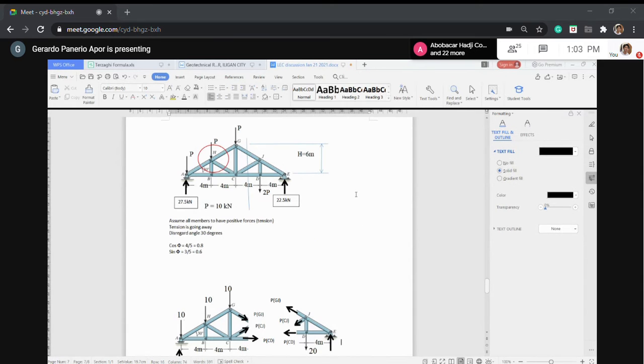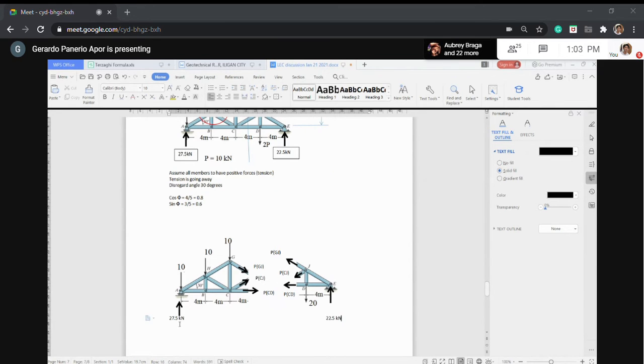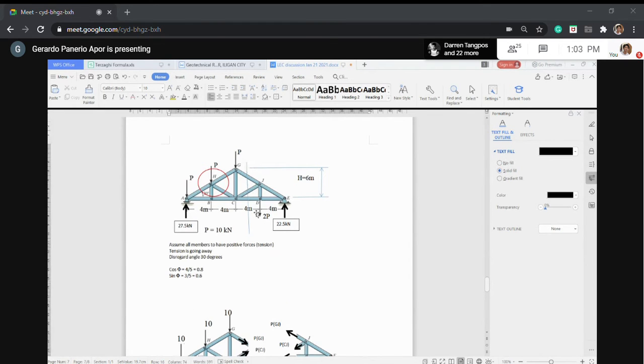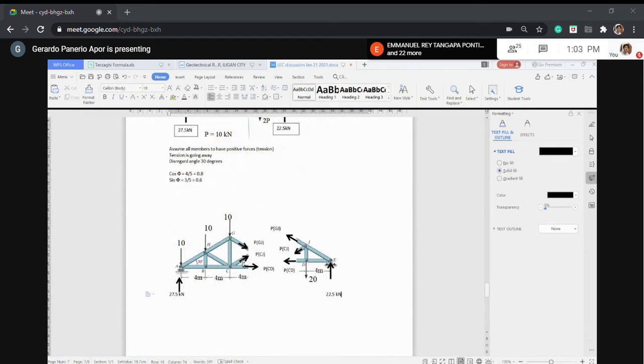So by slicing the members you are interested to solve, you create two structures. All the forces are intact. The 27.5 is still there, the 10 is still there, and the 20 and the 22.5 are there on the following structures. The members that are cut are replaced by arrows like that.